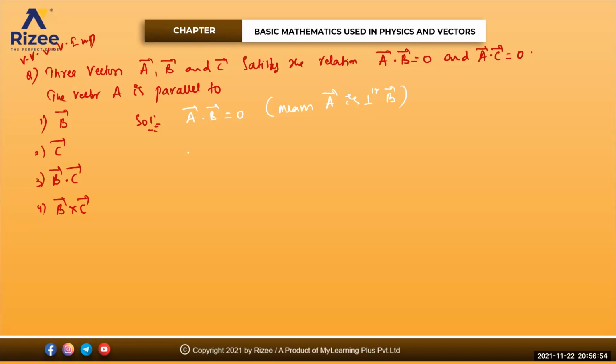Clear? The same way, A bar dot C bar is 0. Means A bar is perpendicular to C bar. So A bar is perpendicular to B bar as well as to C bar. Isn't it? So all the three are perpendicular to each other.